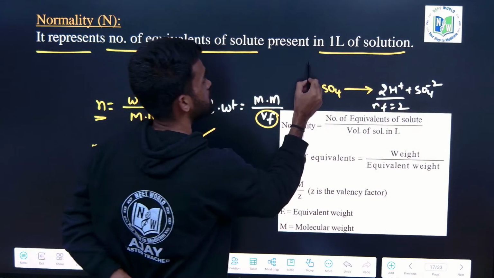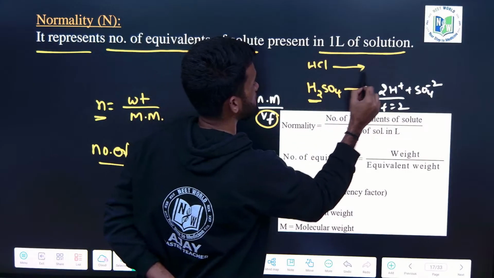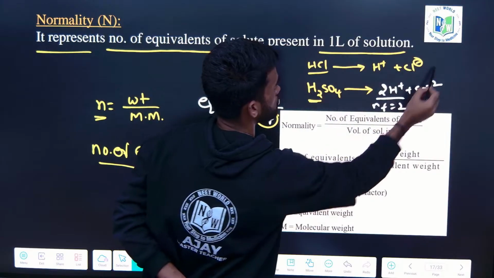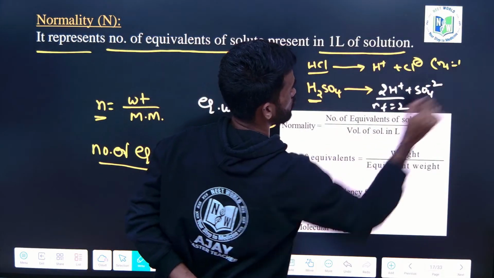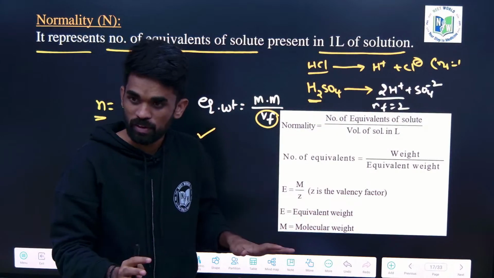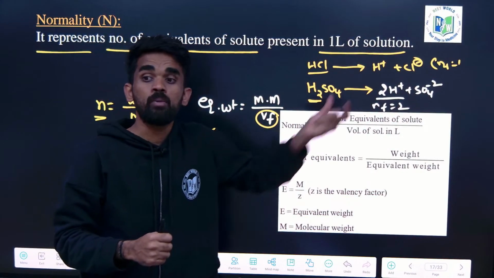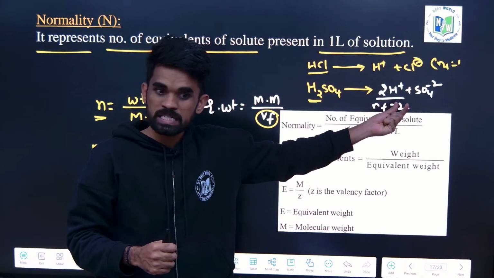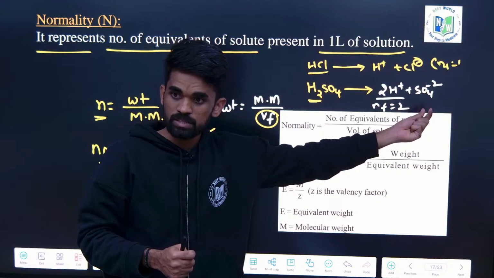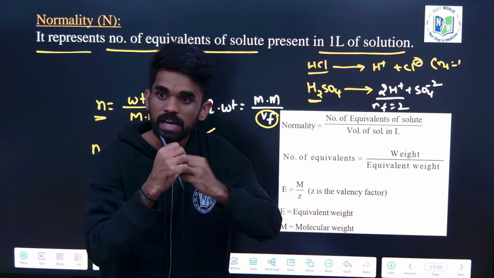For example, HCl: how many will it release? 1. So its N factor will be 1. In simple terms, the total positive charge released from it, or the total negative charge released from it, is its N factor.